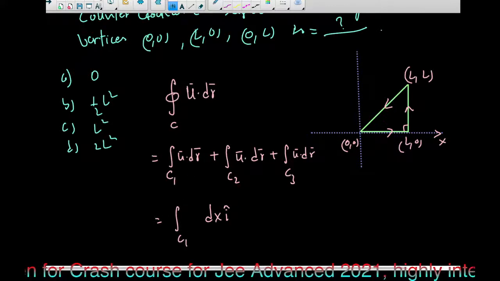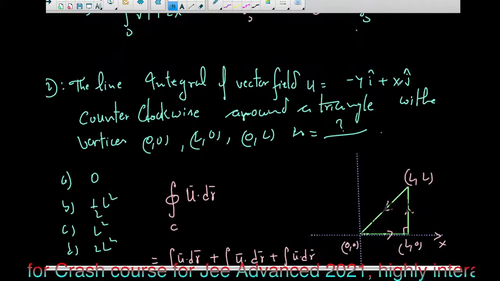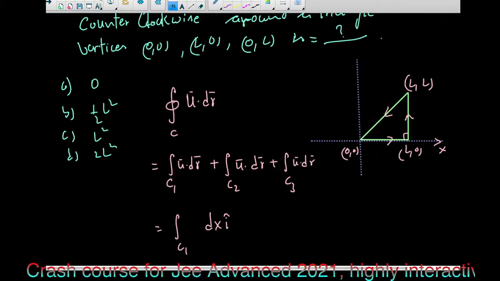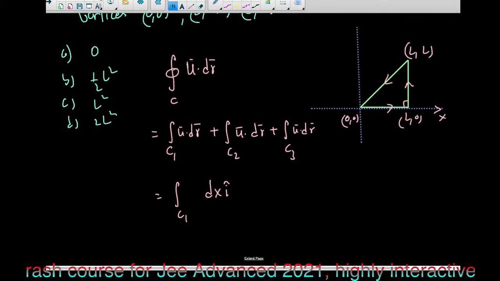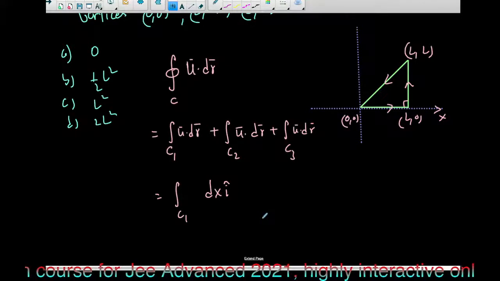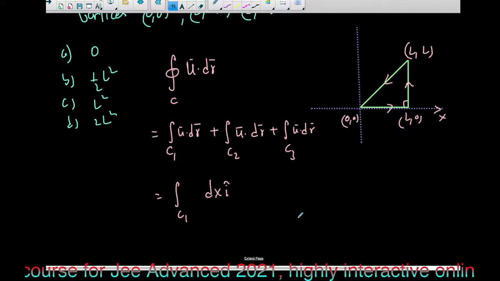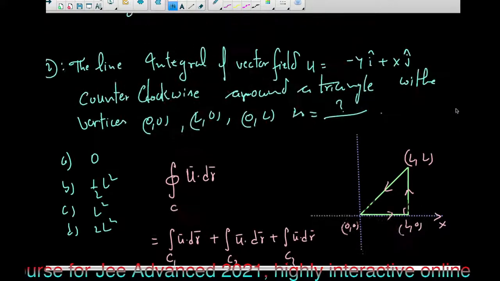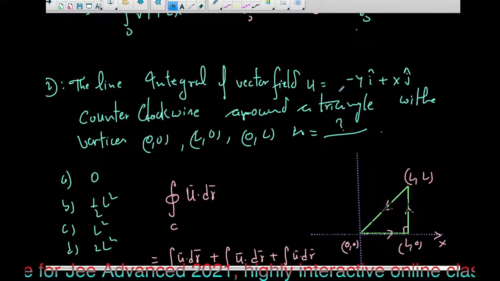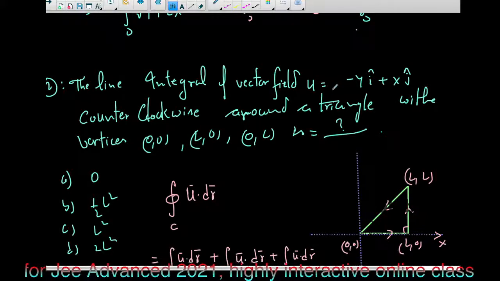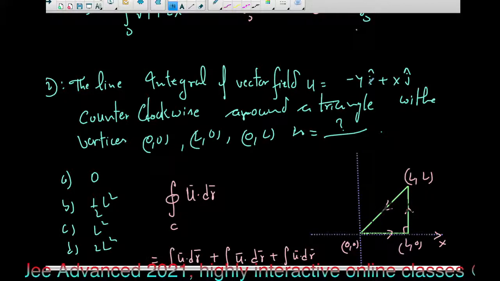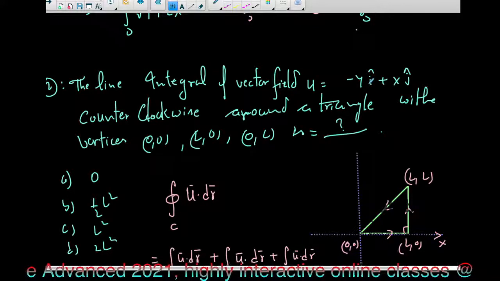But what was the u vector here? Something i plus something j. So what will you write over here? Minus y dx. For this C1 curve, dx i is there, the i unit vector. So minus y dx, where u is the vector field, minus y i and x j.